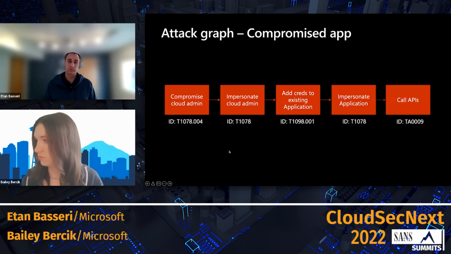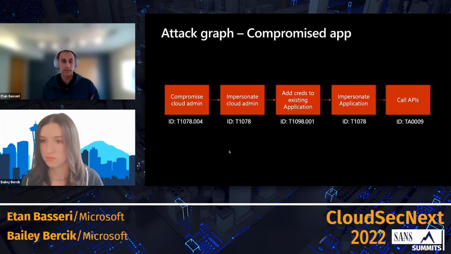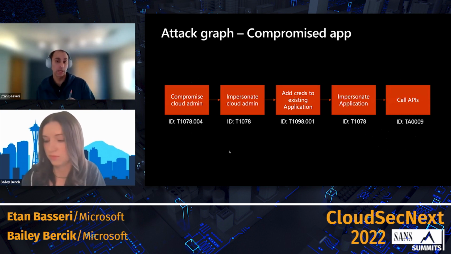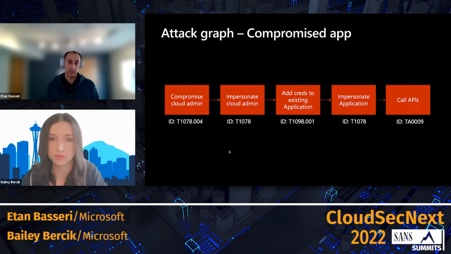So let me take you through a few examples with the attack graph. In the first case of a compromised application, what will happen is you'll have a compromised cloud admin, either through password spray or through phishing or some other mechanism. And the adversary is going to impersonate the admin to add credentials to that existing application. This happened during the SolarGate event.